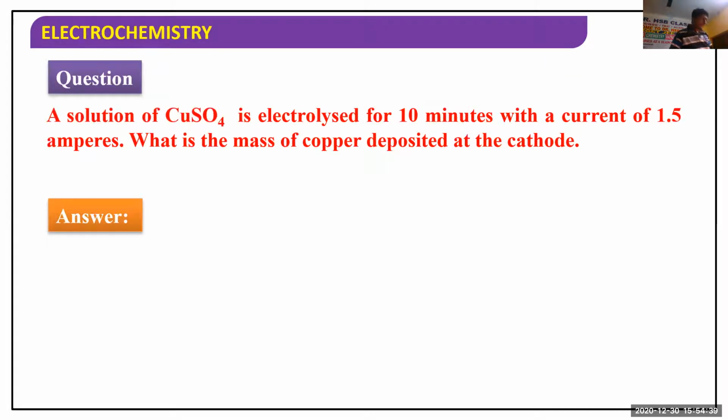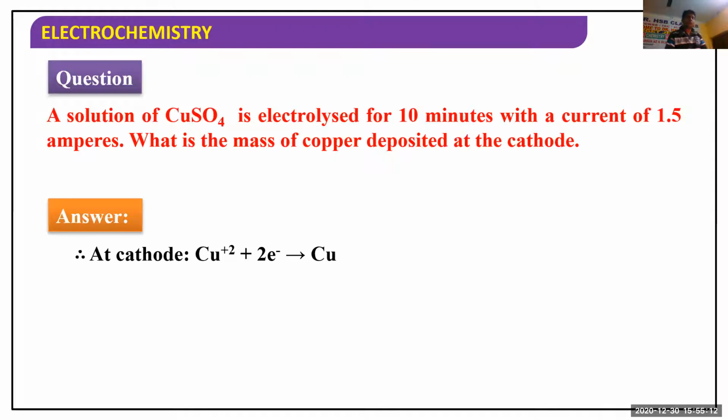Now, there is a problem. A solution of copper sulfate is electrolyzed for 10 minutes with a current of 1.5 amperes. What is the mass of copper deposited at the cathode? So, what is the reaction? At the cathode, Cu2+ plus 2 electrons gives Cu. That means copper will be deposited at the cathode.